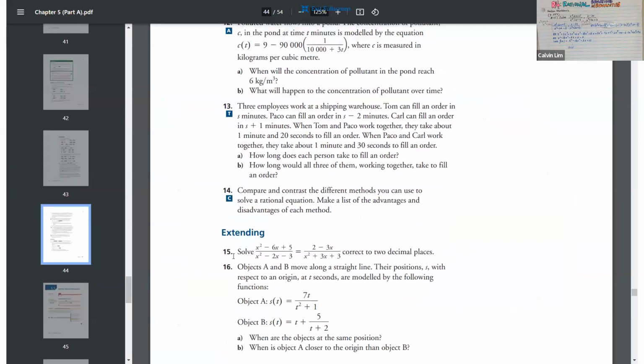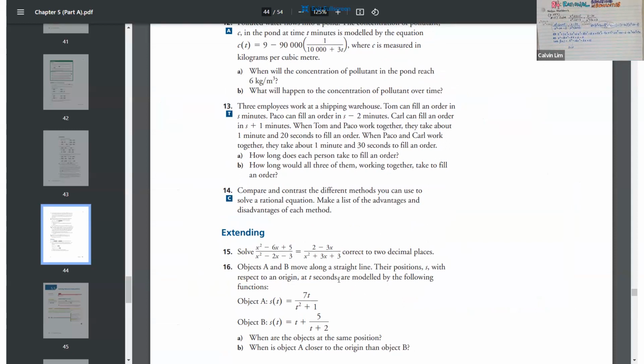The question that I just did is number 15. So in the context of a word problem, you might get something like question number 16, right? Objects A and B move along a straight line. Their positions S with respect to the origin at t seconds are modeled by the following functions.